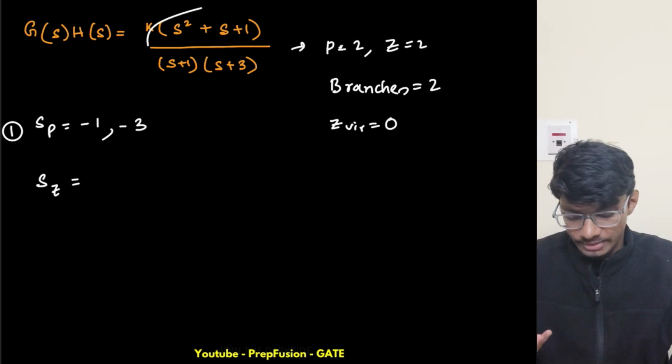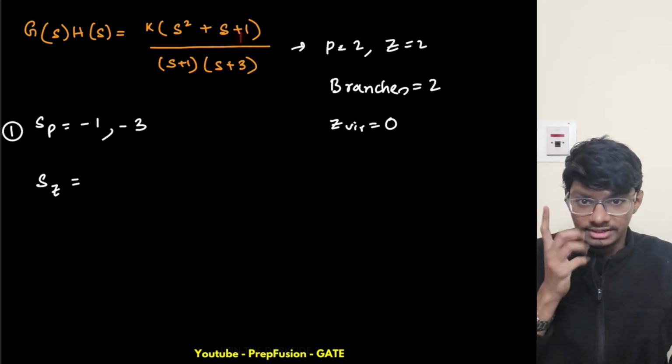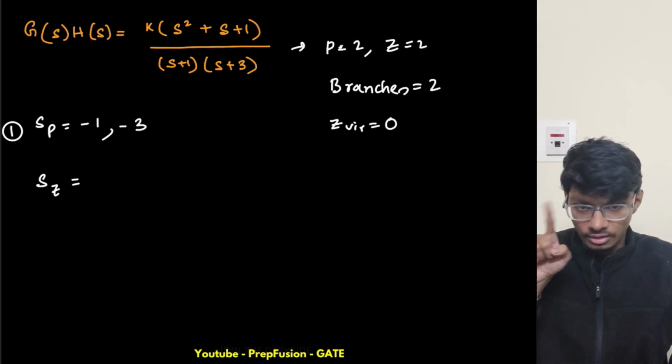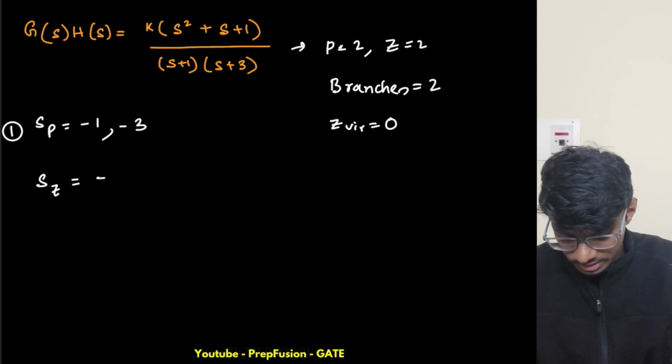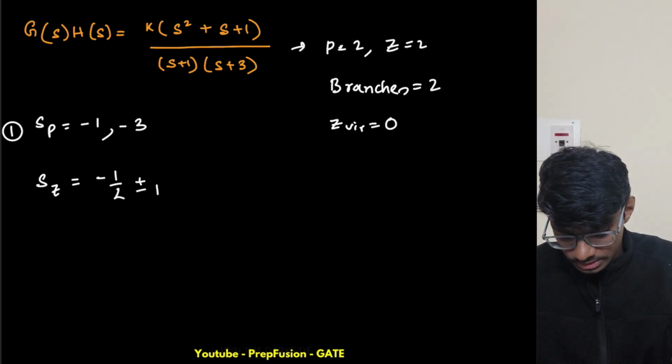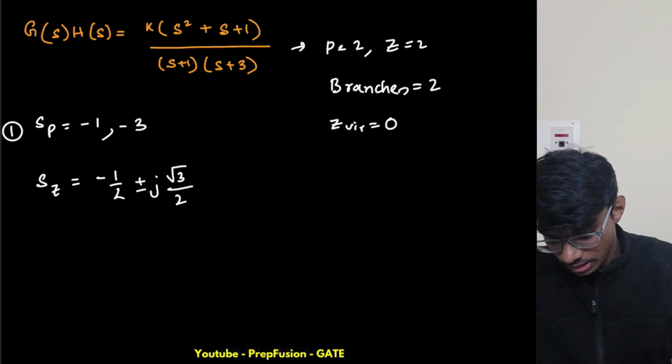If you apply the Sridhara Acharya formula, you get -1 plus minus the square root of 1 minus 4, which is under root -3, over 2. So you get -1/2 plus minus j√3/2. These are my zeros.